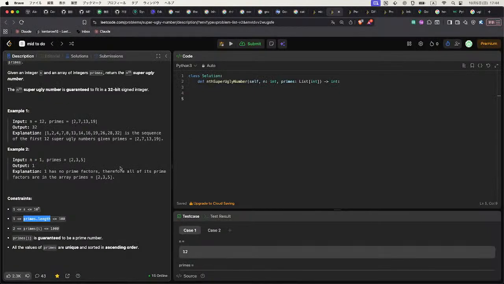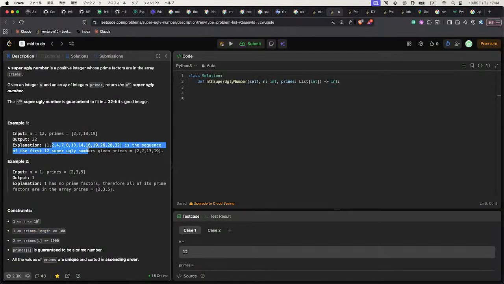Okay, and there is a pattern to find the next number in this array.